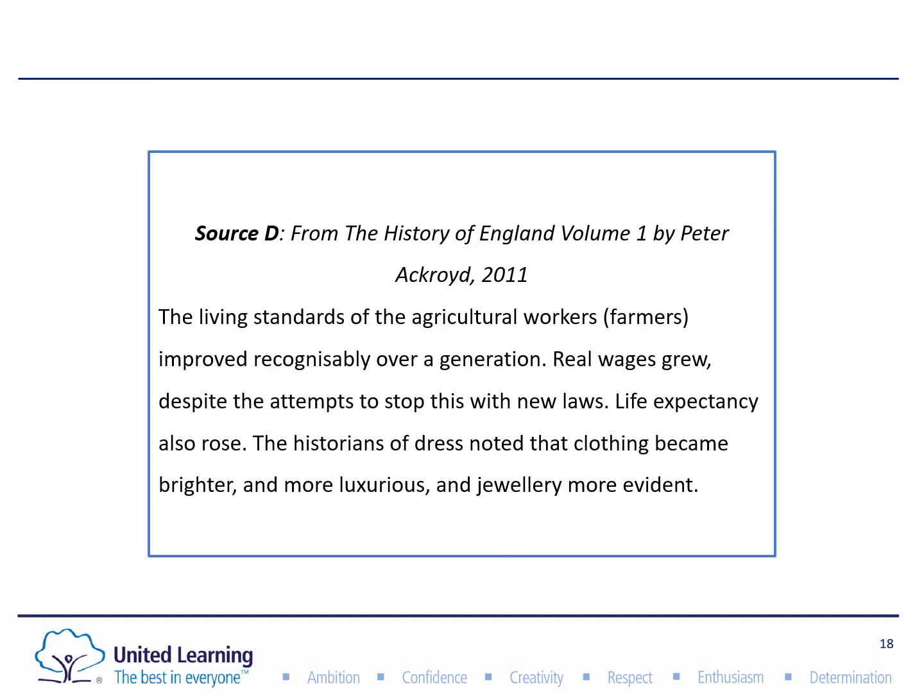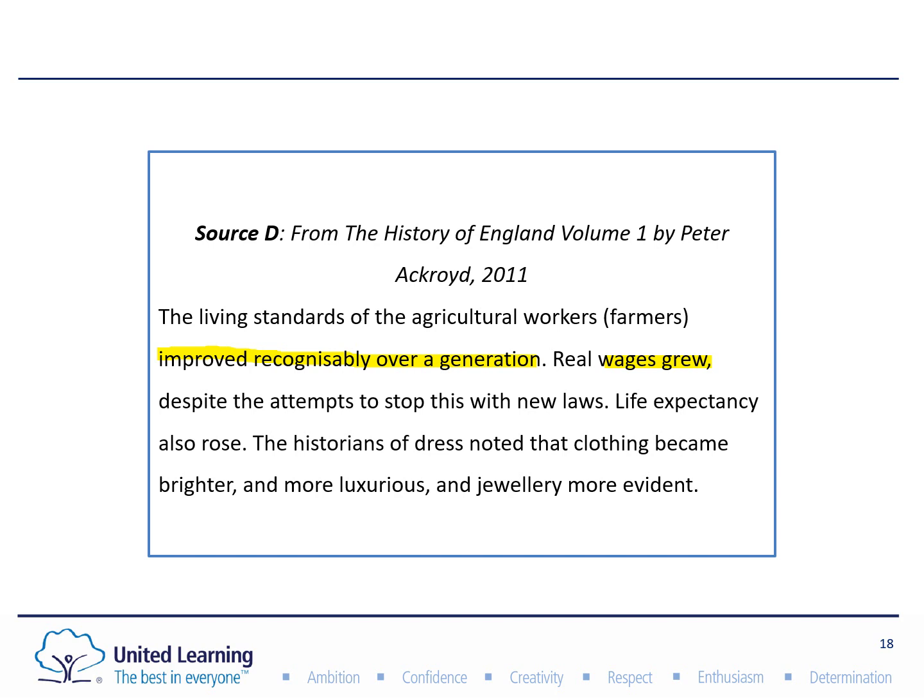Source D, from the History of England, Volume 1 by Peter Arkwright, published in 2011. The living standards of agricultural workers, these are farmers, improved recognizably over a generation. Real wages grew, despite the attempts to stop this with new laws, such as the statute of labourers.